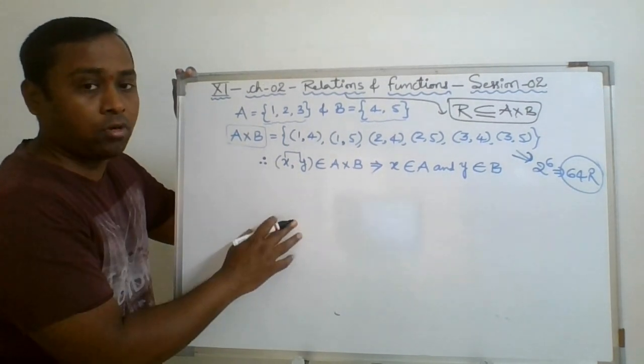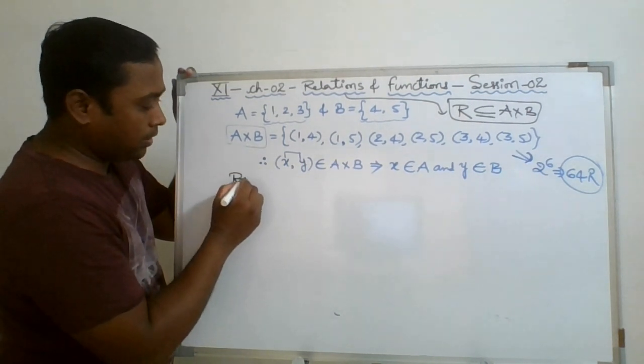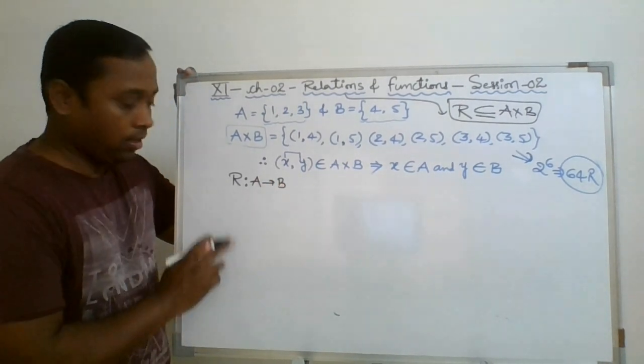Out of 64, I am taking only one relation. That relation is defined from set A to set B. See how I am writing?